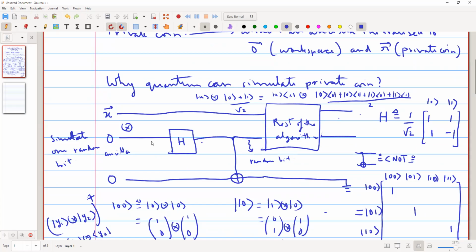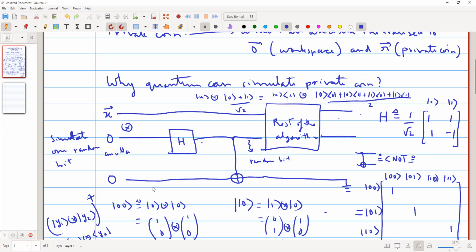So the basic idea is the same. As Shantan was saying, I could have added one ancilla, done a Hadamard, and done a measurement out here. If I did a measurement, sure, I'm in the state |0> plus |1> by square root 2. It's a superposition state. It is not a random bit, but if I measure it, I get a random bit, which is the classical 0 with probability half and the classical 1 with probability half.